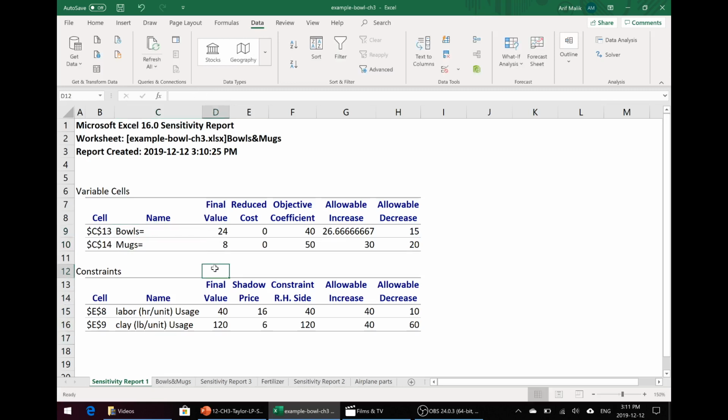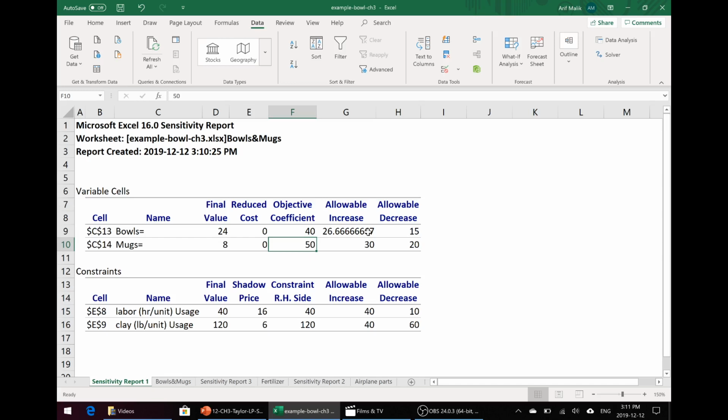What we have is the coefficient 40 and 50. This is the final value, x1 is equal to 24, x2 is equal to 8, and these are the objective coefficients, 40x1 plus 50x2.